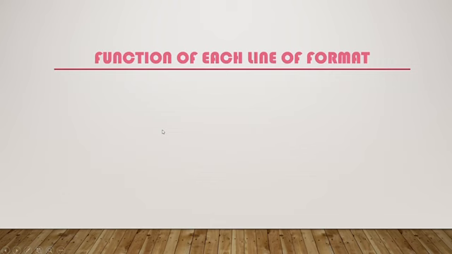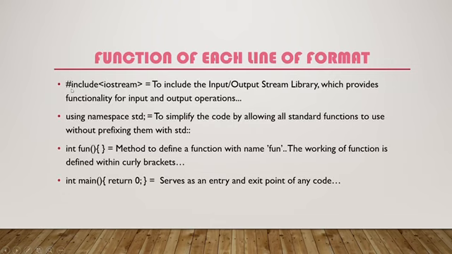Hashtag include iostream includes the input output stream library, which provides functionality for input and output operations. Basically all your cout, cin, int main functionalities are added by this line, so we have to write this for those functionalities to operate easily and properly.